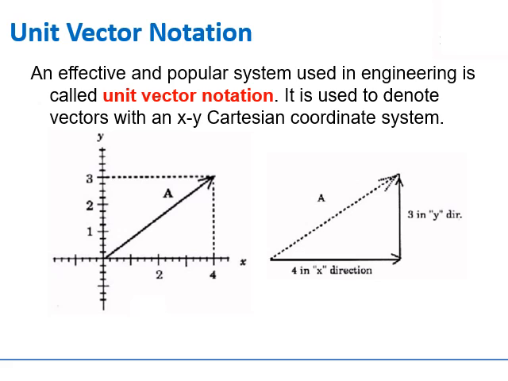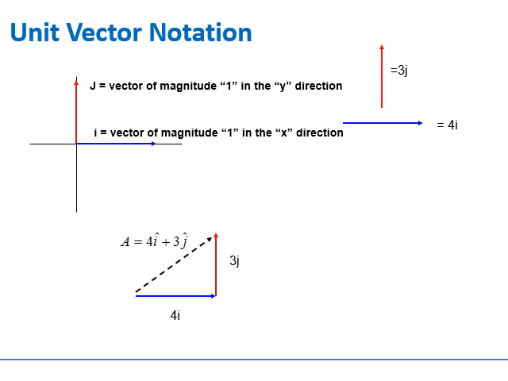This is the unit vector notation, how we generally write a vector. For example, if you have this vector A, it has projection 4 on the x-axis: 1, 2, 3, and here you have 4. And on the y-axis, it has 1, 2, and 3. So how are we going to write this vector? It has 4 magnitude in the x direction and 3 in the y direction, so that means 4 i cap plus 3 j cap.